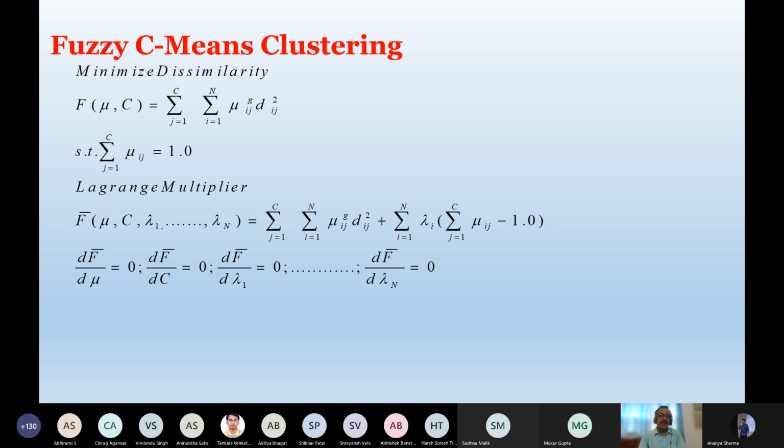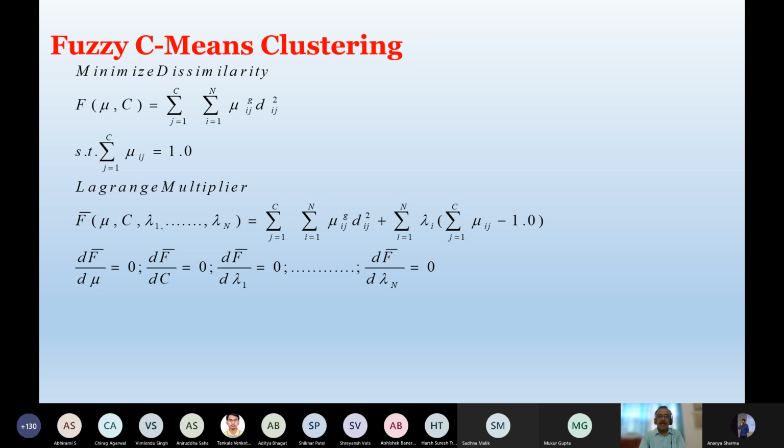And using the method of Lagrange multiplier, we try to combine these two things, the objective function and this functional constraint. And the functional constraint, the way it is written, summation j equals 1 to c mu ij minus 1.0. So I bring this particular numerical value from the right hand side to the left hand side.